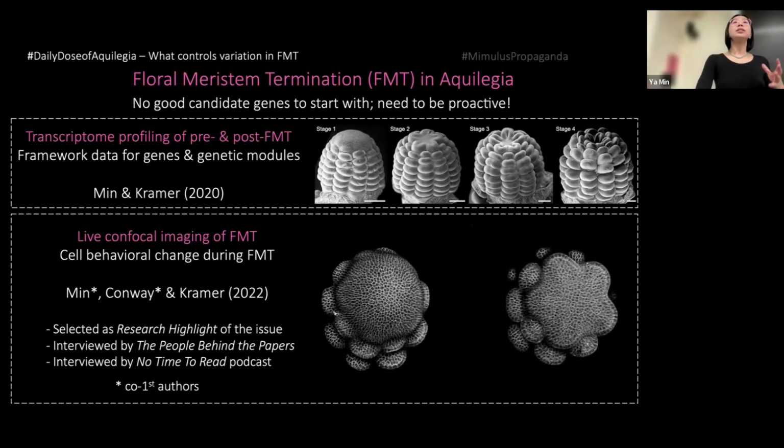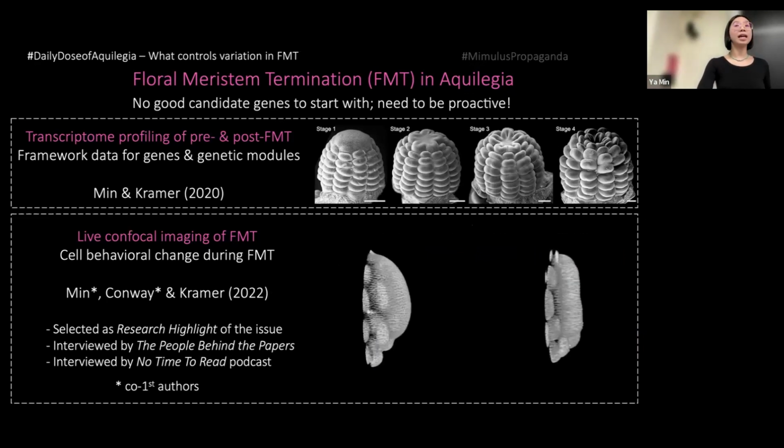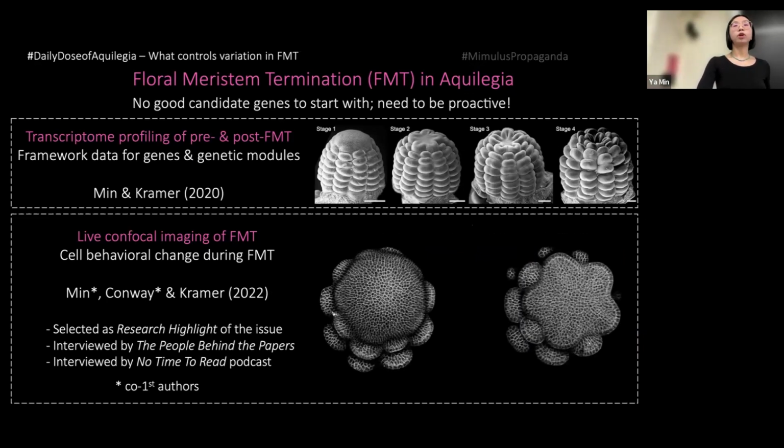To our knowledge, this is actually the first live confocal imaging protocol and analysis developed for a non-traditional model system. And this will also be the foundation for us in the future to understand how the actions of genes influence the actions of cells that lead to the consequence of development.